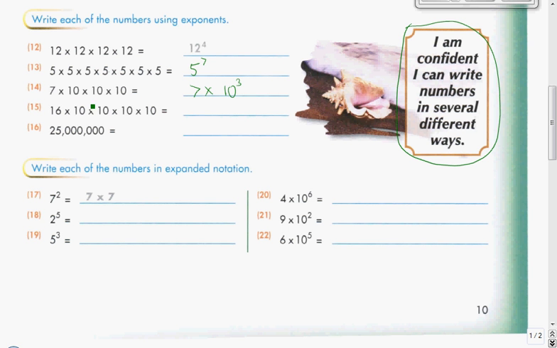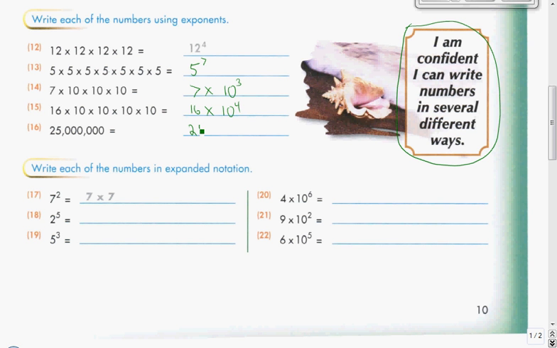Okay, how many times is the 16 used as a factor? Once. So I put 16 times. And how many times is 10 used as a factor? 4 times, so 10 to the 4th. How many times is 25 used as a factor?